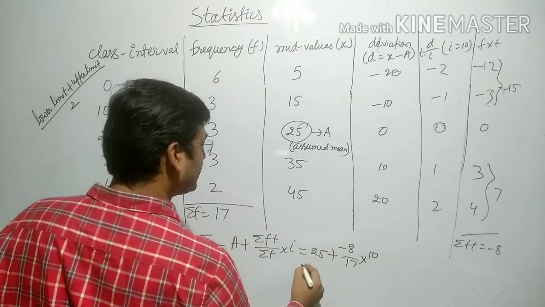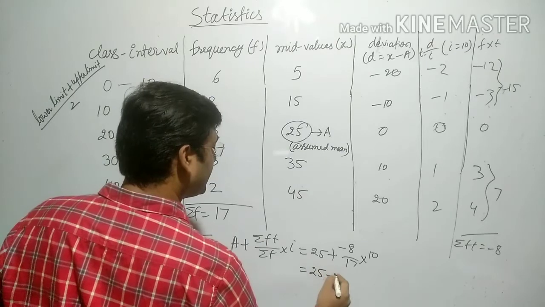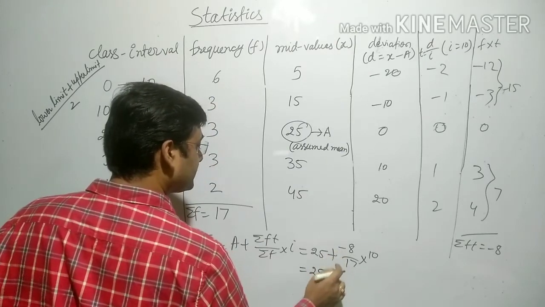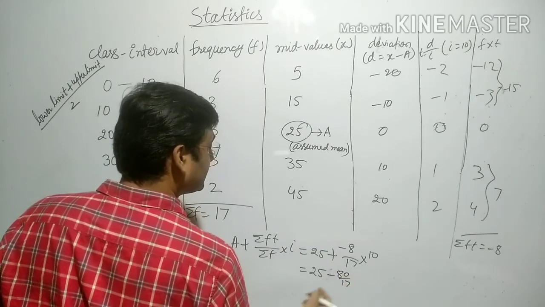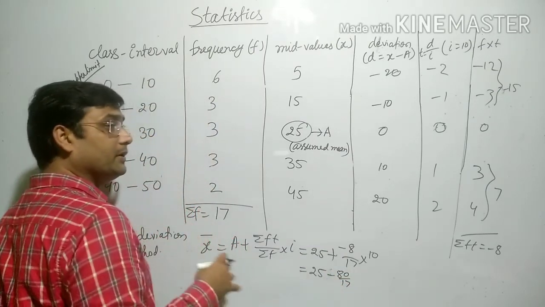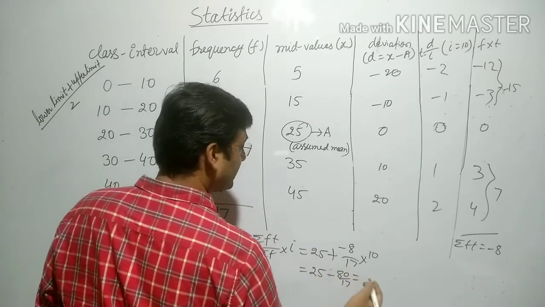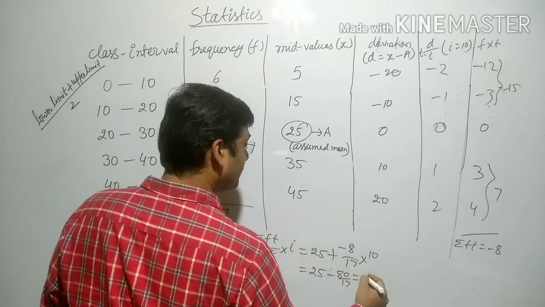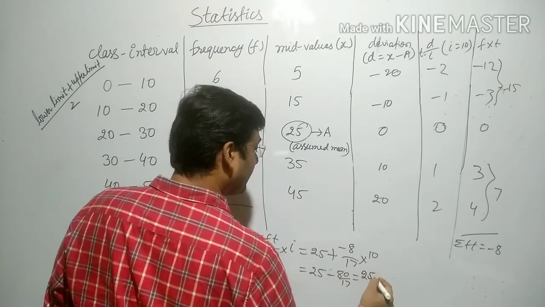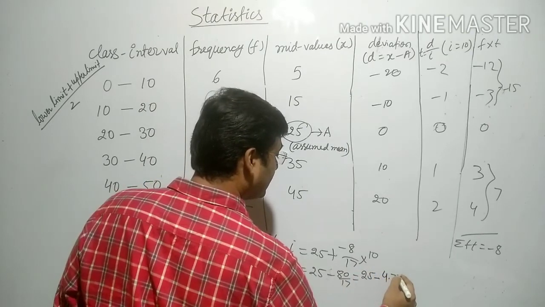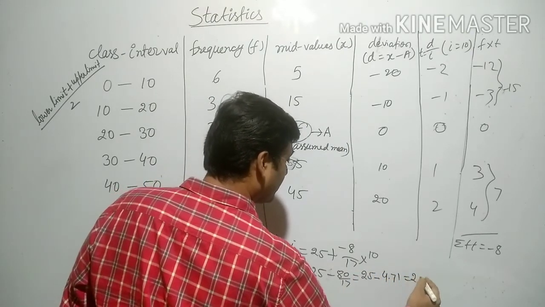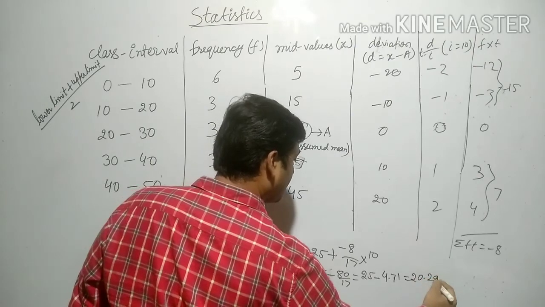Now we will get the same data here. I am writing directly 80 by 17. So 80 by 17 we will get the value whatever we had found in the previous method, 25 minus 4.71. So the answer will be 20.29 approx.